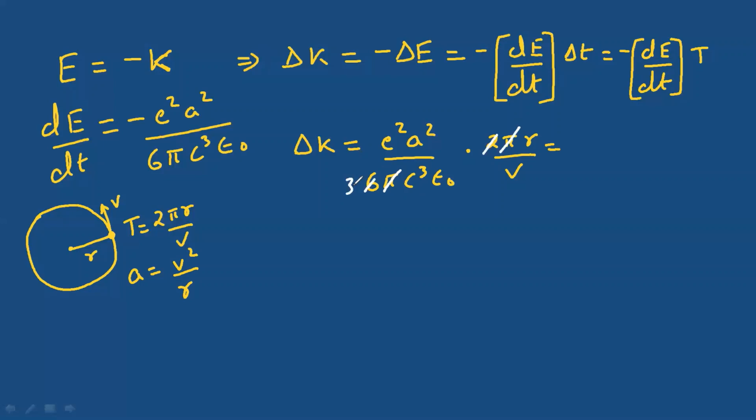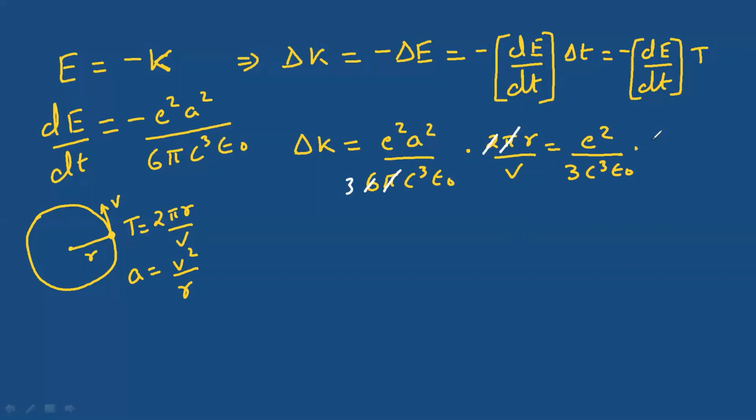Okay, so we'll have e squared. We'll write all the constants together. So e squared by 3 c cube epsilon naught into, what is A squared?